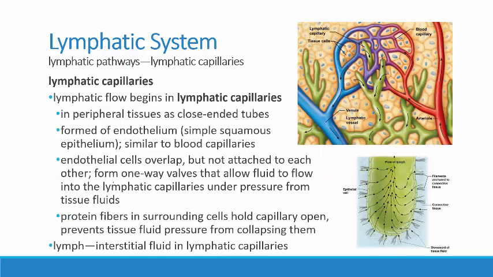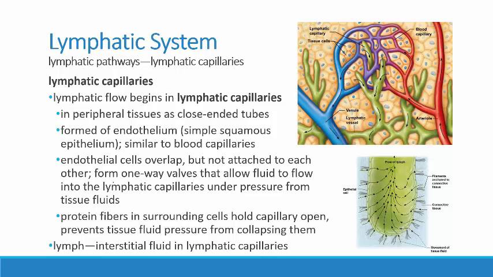So lymphatic flow begins in these little closed-end tubes that are found in the peripheral tissues called lymphatic capillaries. And they are formed just like regular blood capillaries are, of endothelium, a simple squamous epithelium, and they look a lot like blood capillaries.